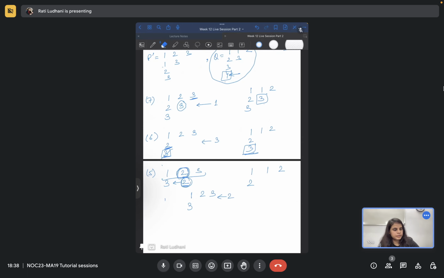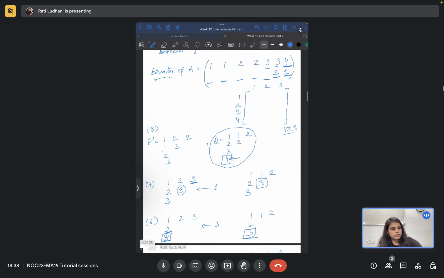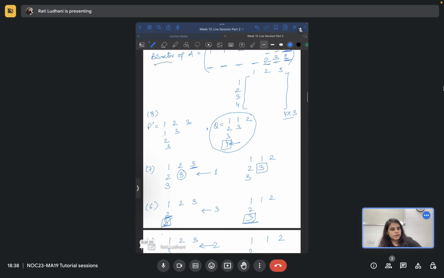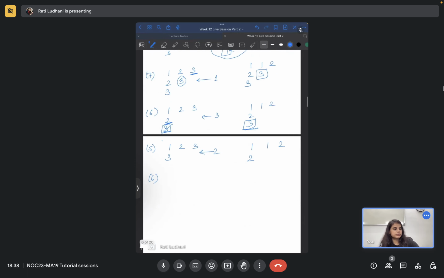Is that clear? Yes, ma'am. So 1 2 3, okay, 1 2 3, and this was 3. So we got 2, and that is okay with our condition, because we don't want the rows to be repeated, like this part to be repeated in the bivector.